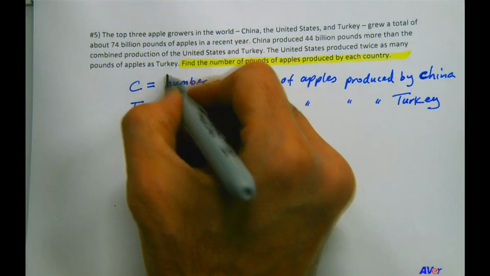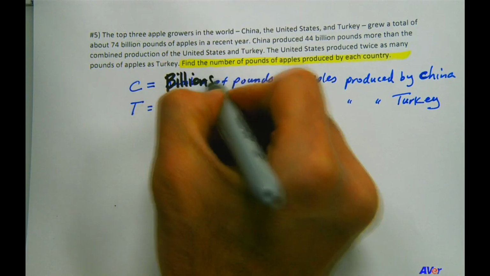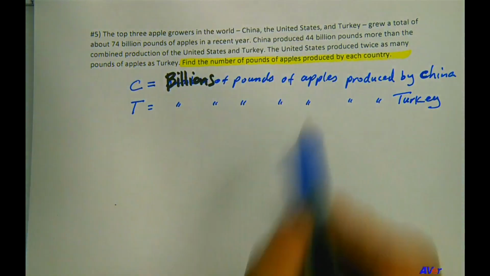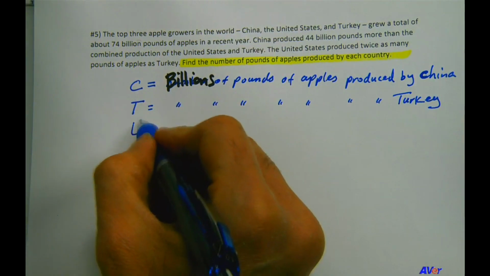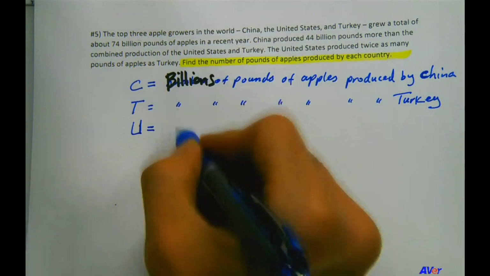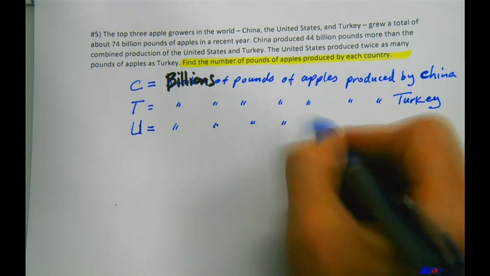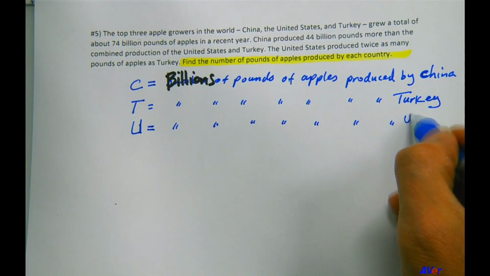So we say billions of pounds of apples produced by China, billions of pounds of apples produced by Turkey, and of course, for the United States, let's use U as the variable. Billions of pounds of apples produced by the United States.